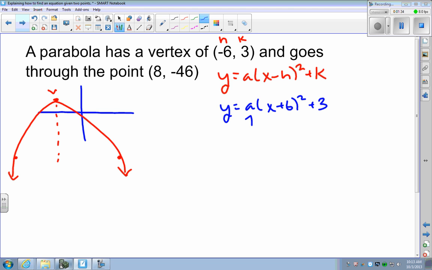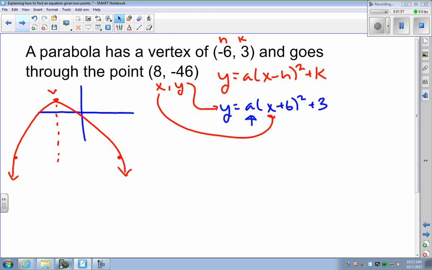The only thing missing is that A value. We know it's negative. Is it negative 2? Is it negative 7? Is it negative 3/8? What is it? That's what we need to find. They give you H, K, and they give you a point. That's any X, Y. So now, go throw this in for Y here, go throw this in for X, and you got one missing variable.